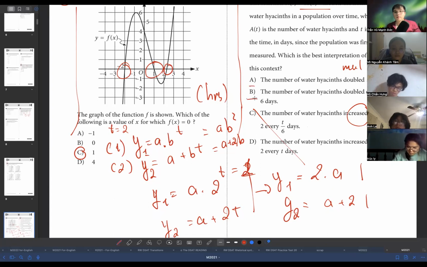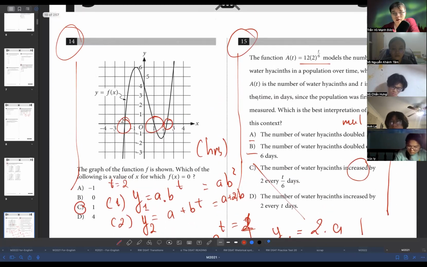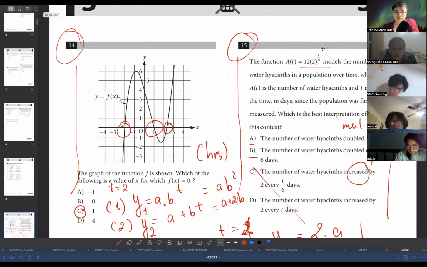So A or B in this equation? B. Exactly, because after t times, double t times, it really doesn't make sense. But every t, if I say t is 1, has it doubled?